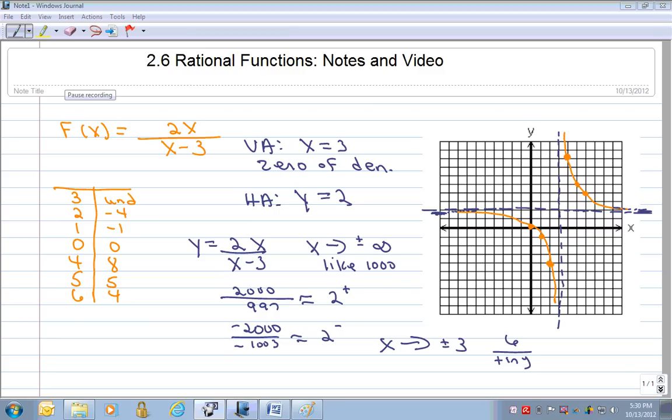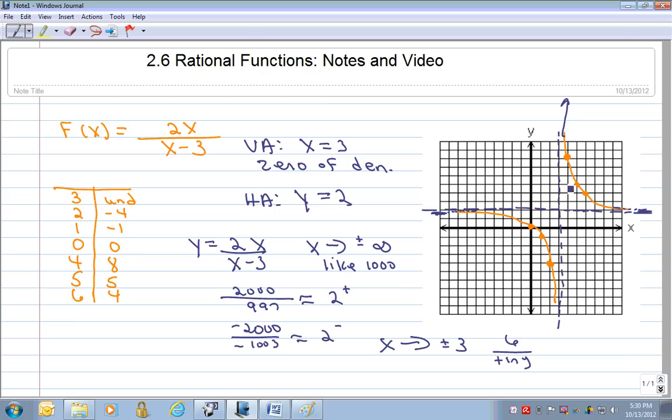Okay, in terms of the vertical asymptote, let's look at the graph as the graph moves toward its extreme. As the graph approaches from the right side, that's what we call from positive 3. As we're moving from the right, the graph is going to move toward positive infinity. And the reason is, as you get closer and closer from the right, you get closer to 3.